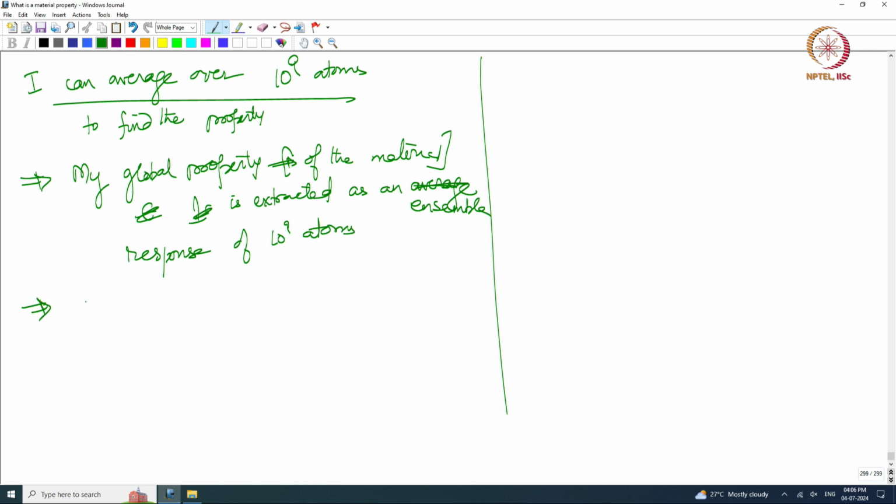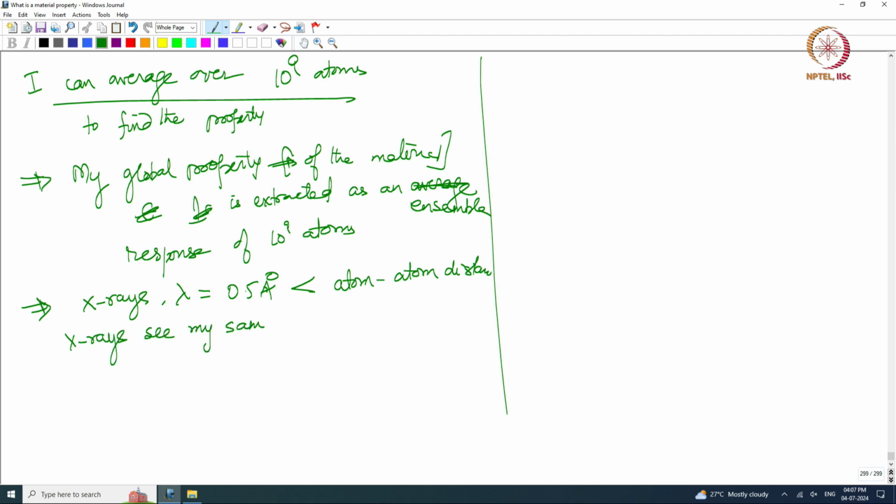But if I shine X-rays, for example, the wavelength of X-rays is 0.5 nano angstroms, that is less than my atom to atom distance. So the way X-rays see my material is as a totally inhomogeneous material.